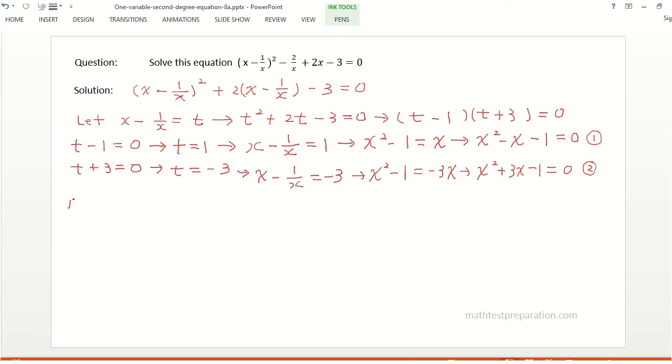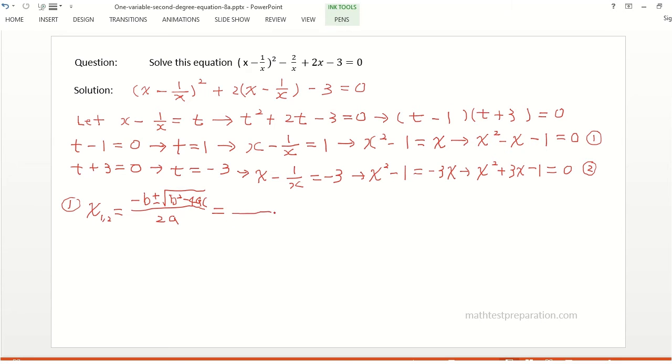From the first equation, we get the roots x1, x2 equals, using the formula, negative b plus or minus the square root of b squared subtract 4ac, all over 2a. In the first equation, a equals 1, b equals negative 1, c equals negative 1.